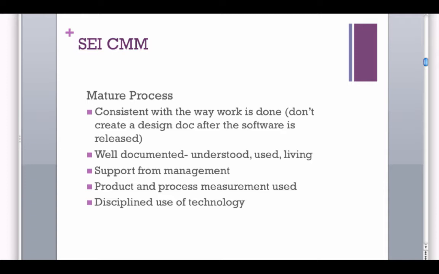And then a mature process, of course, can make use of technology. So if a new tool is created or some new programming paradigm comes around, we can actually use it to our advantage. Okay. Yeah, there might be a little ramp-up time with the technology, but in the long run, it's going to improve our product, not slow us down.